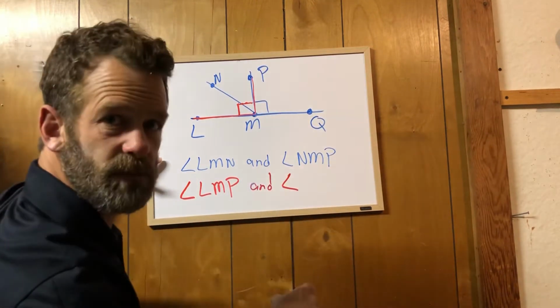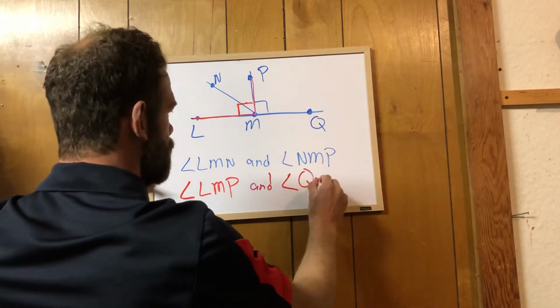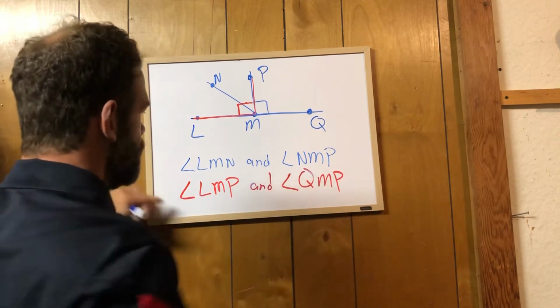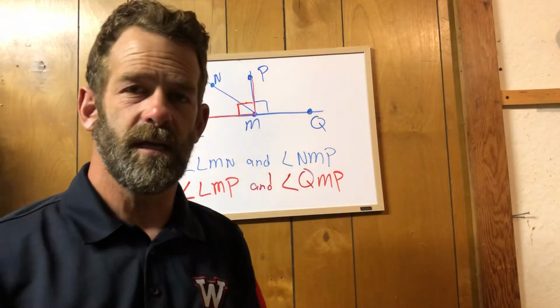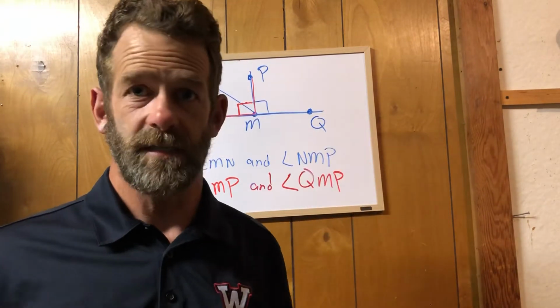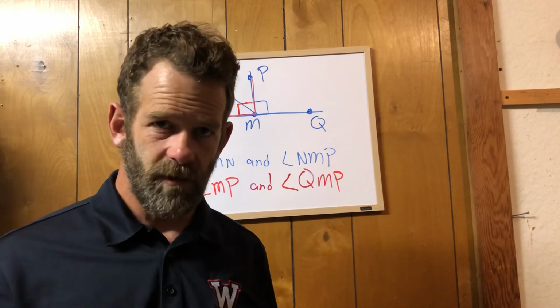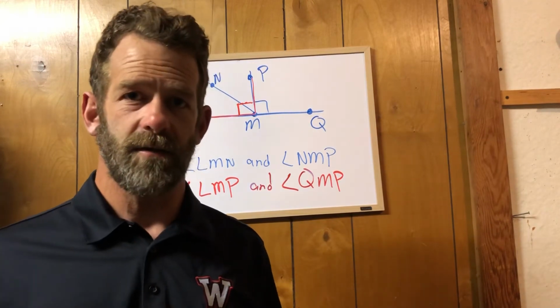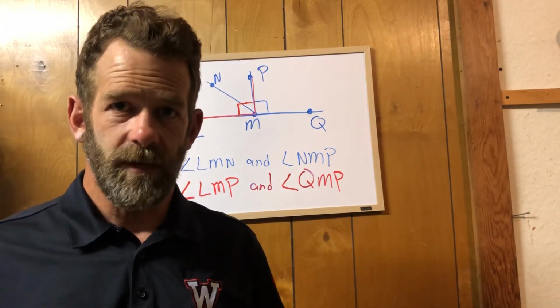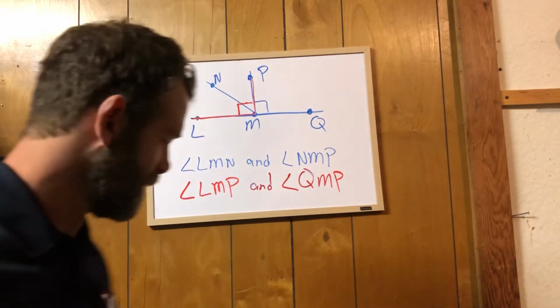This symbol just means angle. These two are supplementary. You're going to see these two words a lot in this class this year. Supplementary means two angles that add together to give you 180. Complementary means two angles that add together to give you only 90 degrees.